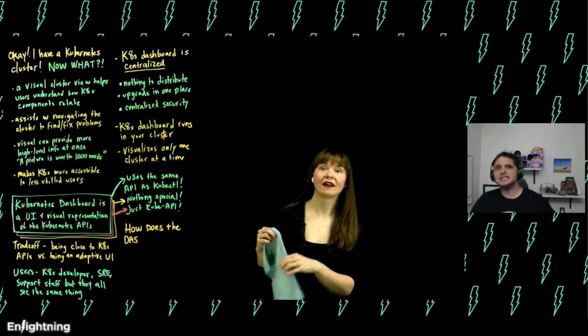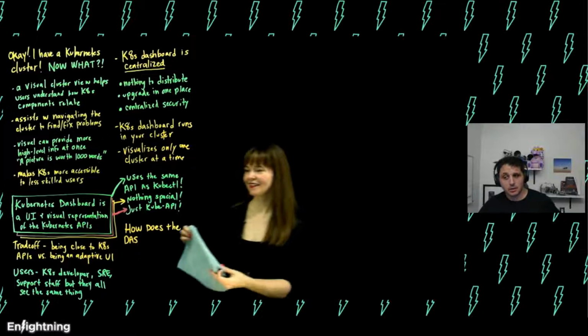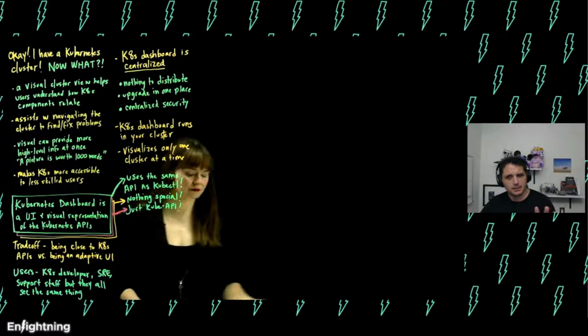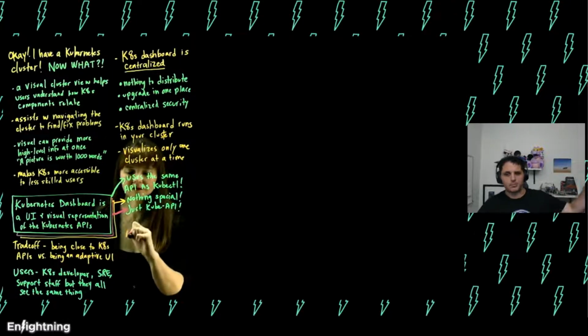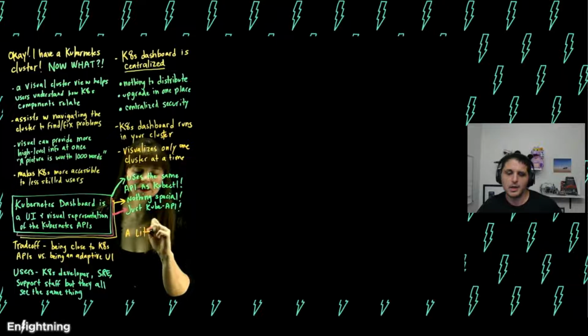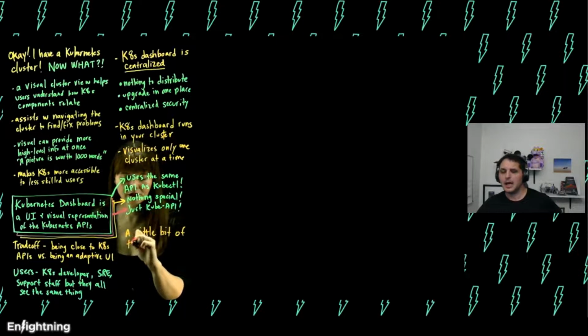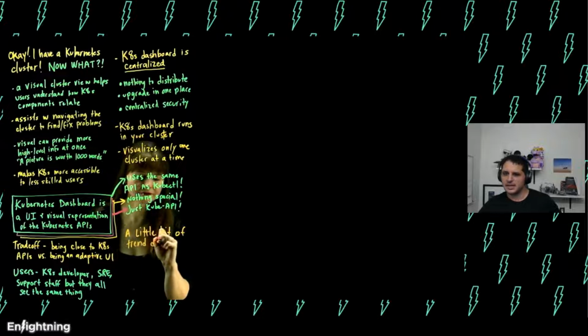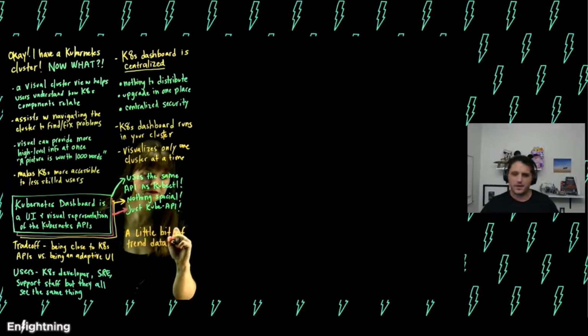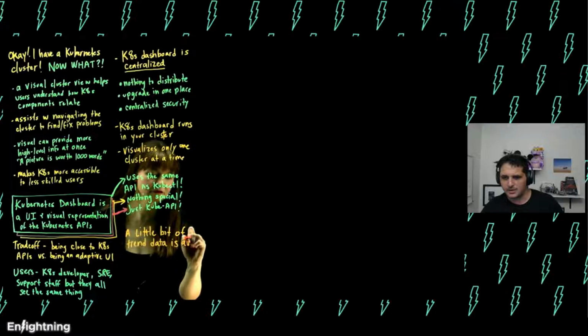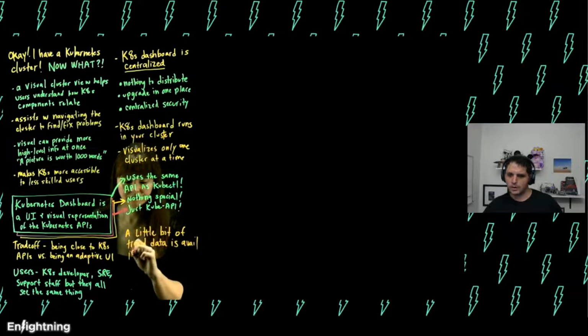So, as an example, if you have metrics installed, it'll query the metrics API, and you can get a little bit of trend data, but it's not like having the Prometheus stack deployed. So you can get a little bit of history. As an example, let's say you have a cron job that runs once a day.